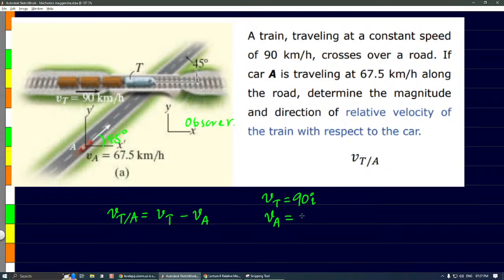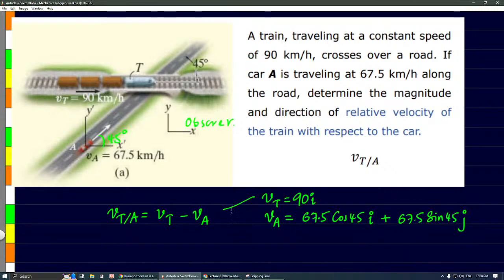What value in each? The x component will be cos 45, so 67.5 into cos 45, this is i, and then plus 67.5 into sin 45, this is j, correct?